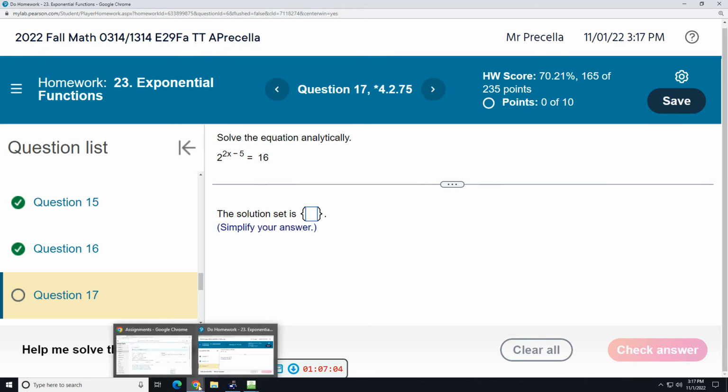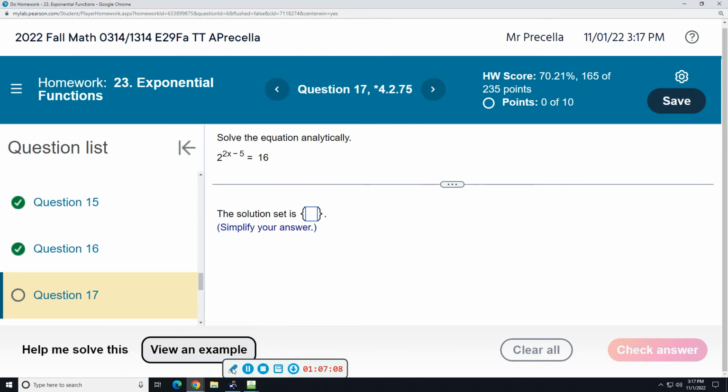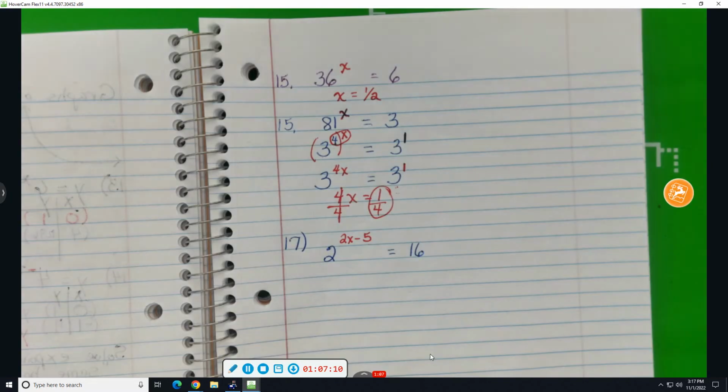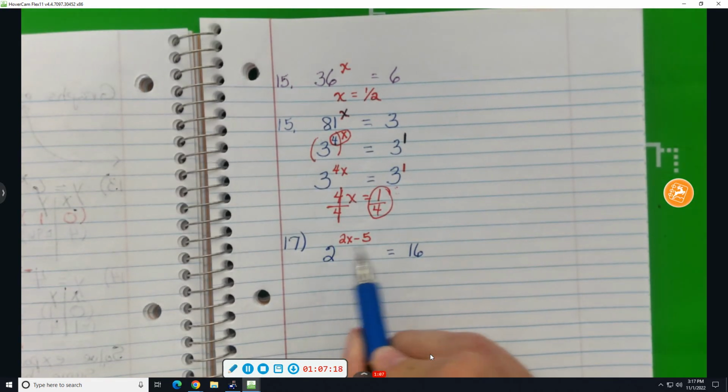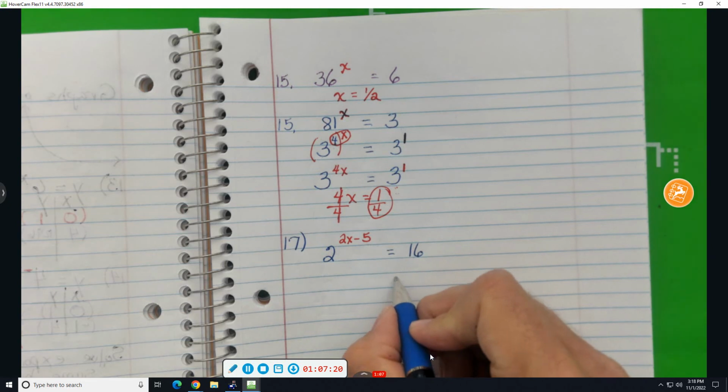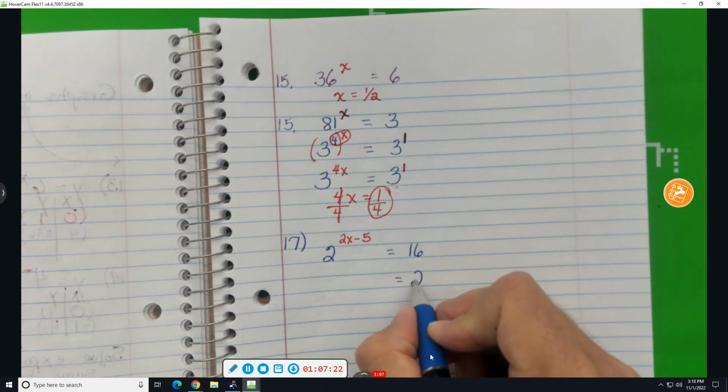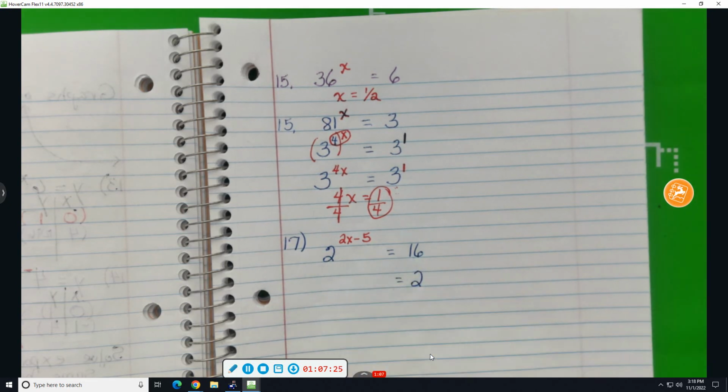This is going to show my thought process well, I think. You've done it all in your head, yeah, you're right. We need both sides to have the same base. So I'm going to rewrite the 16 using the smaller base.